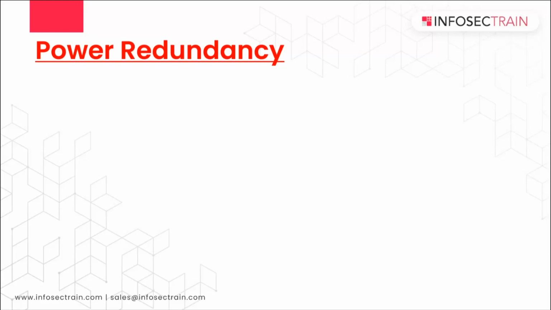Now, let us understand the different ways to implement power redundancy. As we know, backup generators are there. These backup generators can provide power in the event of a power outage or failure.